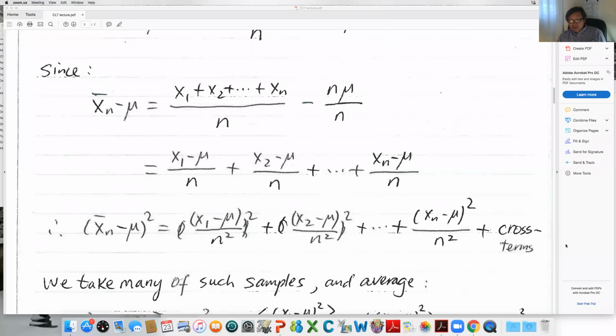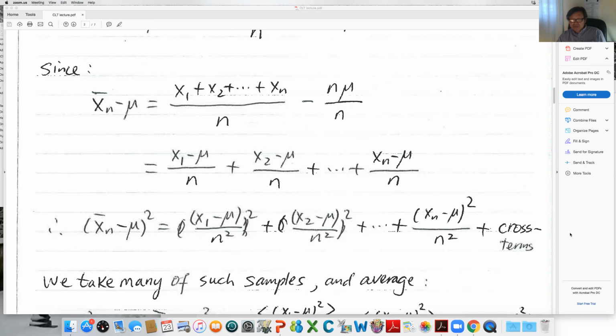So for example, there's a cross term x1 minus mu times x2 minus mu, divided by n. This cross term is going to be negative, because one term is negative and the other term is positive. So you're going to get a lot of cross terms with different positive or negative signs.